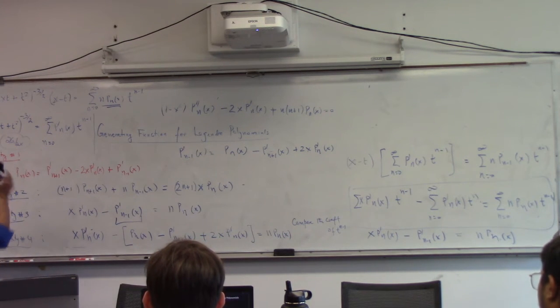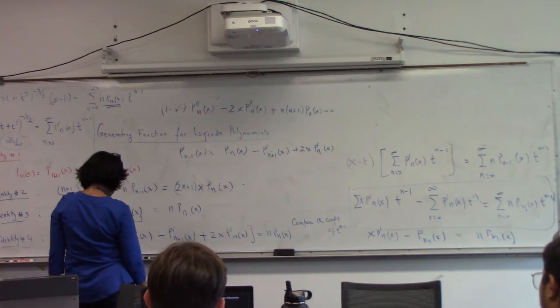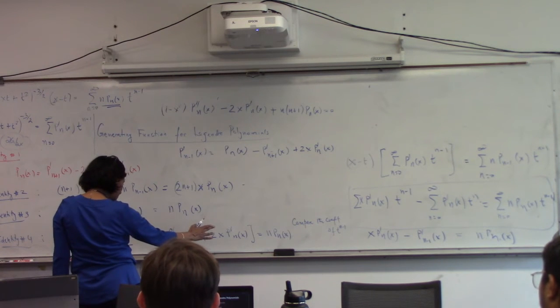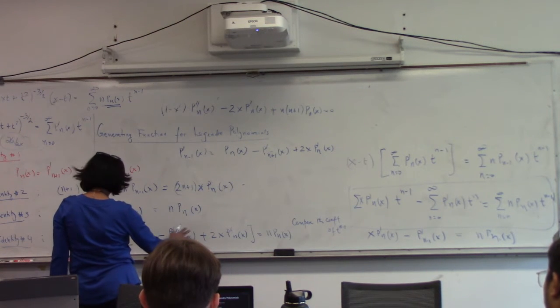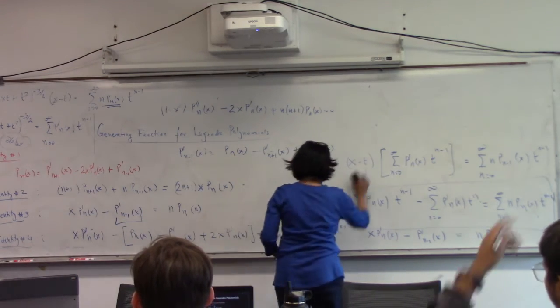Okay, is there anything canceling here? No, it becomes negative n plus 1 pnx that I can combine. I think that's all I can do. Okay, so identity 4 is simply this then.